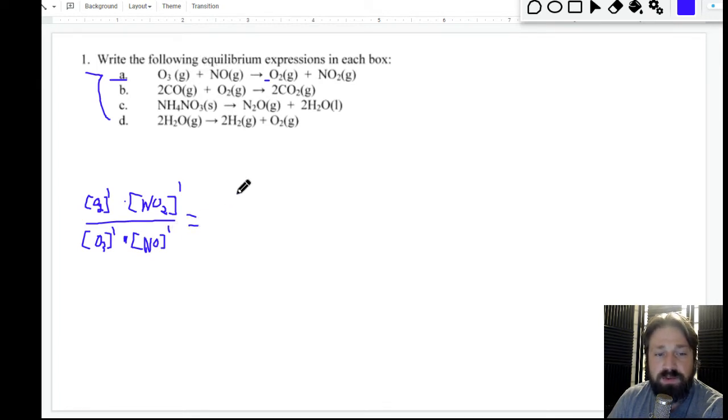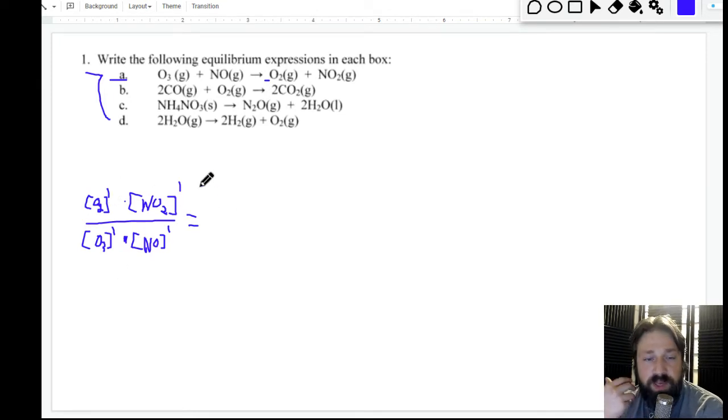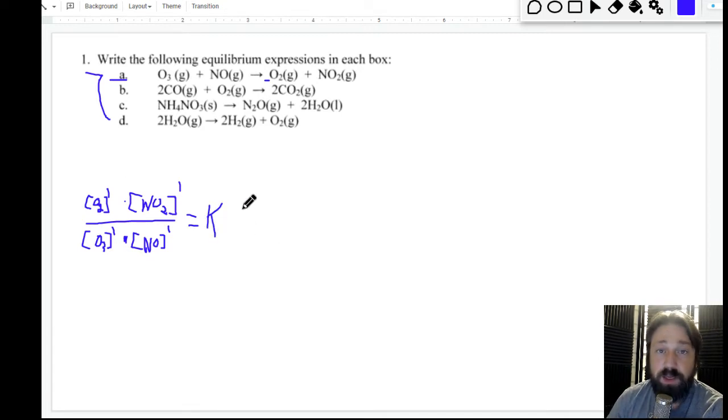And this is what we're going to use if the reaction's at equilibrium. Then this calculation will get us K, our equilibrium constant. If it's not at equilibrium, we can still use this, but instead of getting K, we're going to be getting Q. We call this the reaction quotient.